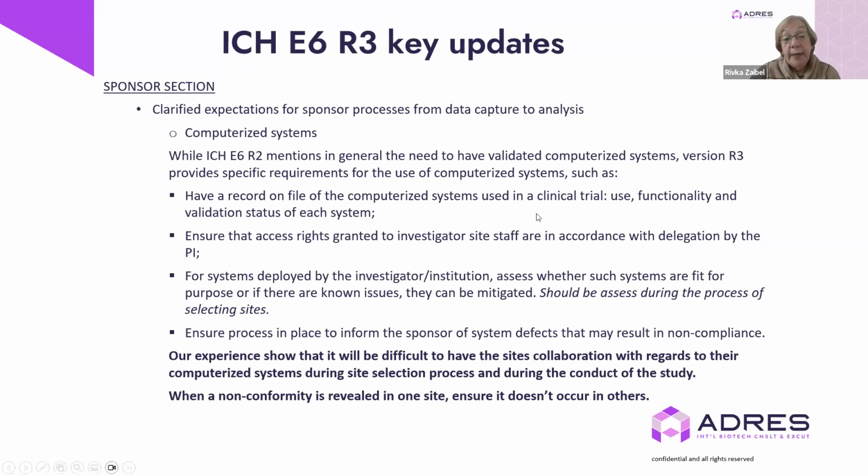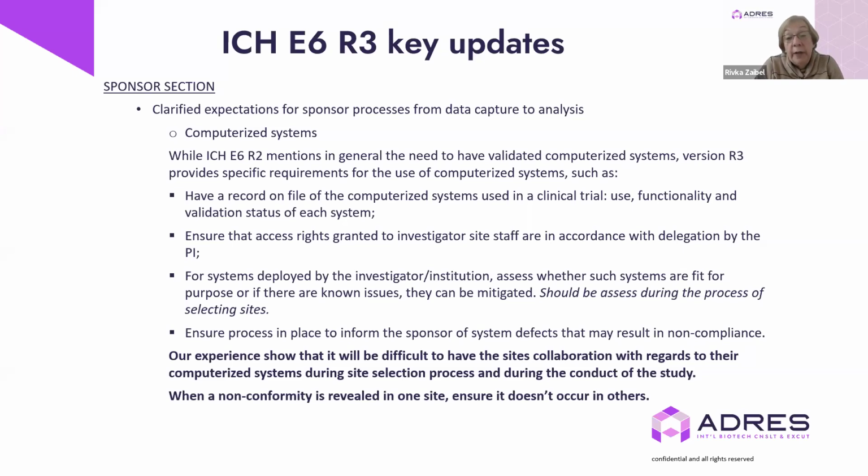Ensure a process is in place to inform the sponsor of system defects that may result in non-compliance. And here it says what I just said, that there is not always collaboration from sites in order to provide you access to their systems. And the last point here is, when a non-conformity is revealed in one site, ensure it doesn't occur in others.